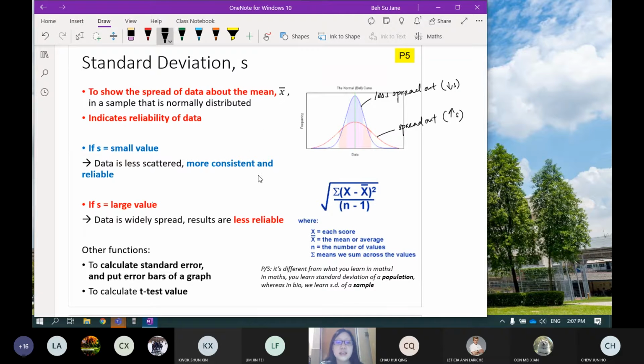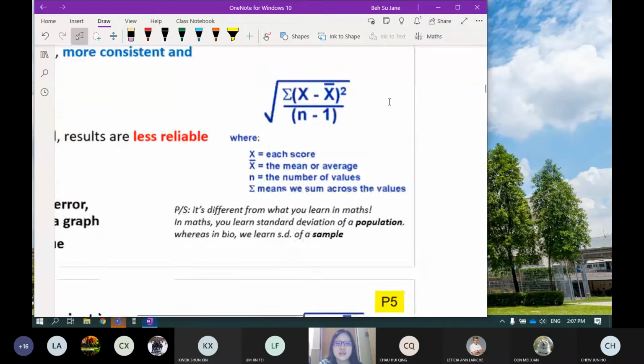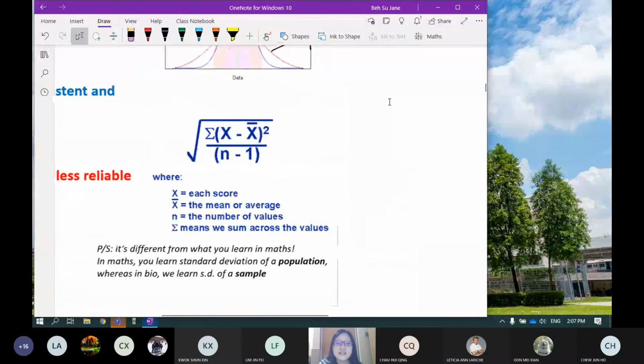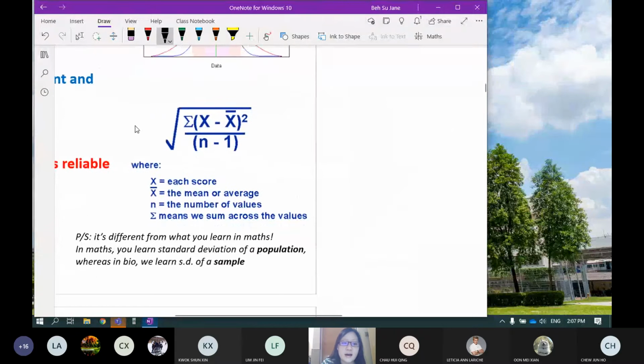Now, remember I said just now that it's different from what you learn in maths. Now we're going to go through that. So this is the formula. You realize that it's different from maths. This is standard deviation equals, by the way. So S equals. First of all, what is different is the representative letter here. We use S, not, what do you call this, delta?